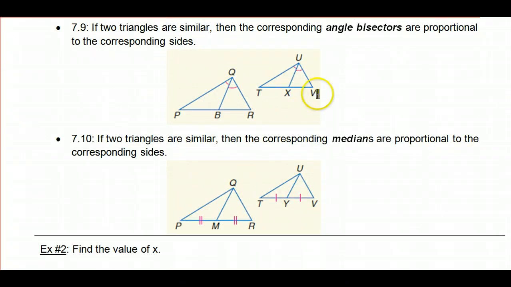One of our other special segments are angle bisectors. Again, proportional to corresponding sides. Our angle bisector, in this case, is QB to UX.